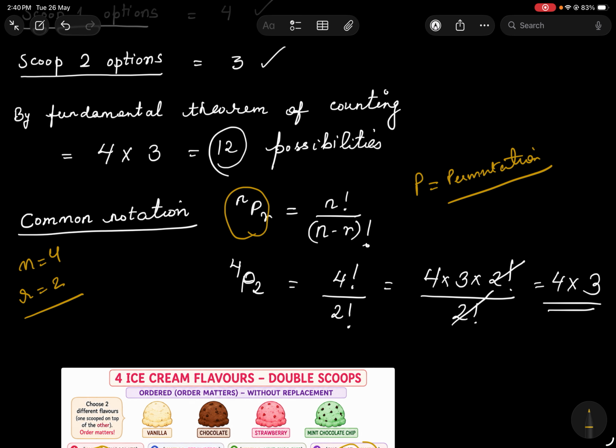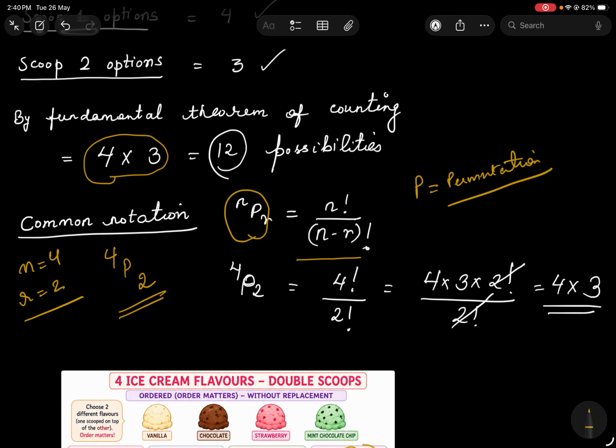From the 4 choices of ice cream, we are choosing 2, but the order matters. So in that case it is 4P2, which in our case is 4 into 3. And the definition of nPr is n factorial by n minus r factorial.